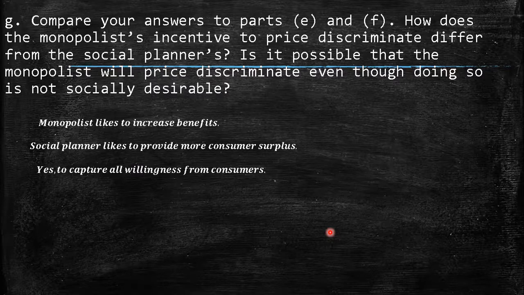Obviously, it's not socially desirable compared with the competitive market, but sometimes it allows some people to go to the market. But capturing all of the consumer surplus and deadweight loss makes you think there should be something else beyond, in order to return these extreme profits to society.